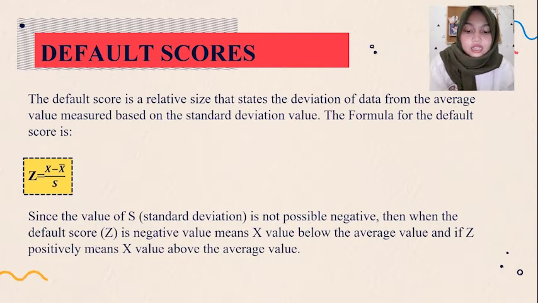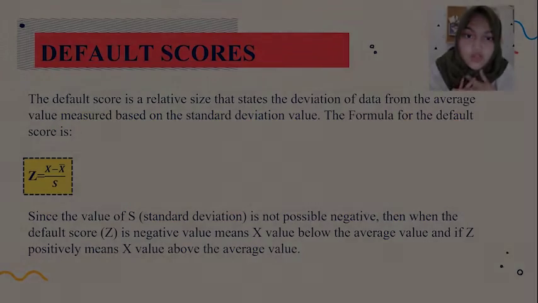I think that's all. There are many ways to find how data is distributed: we can use the distribution form, Chebyshev's theorem, empirical rules, or the standard score.